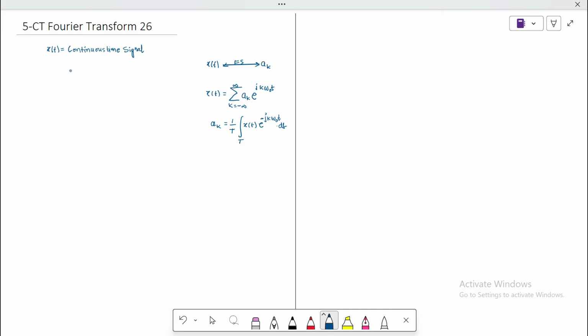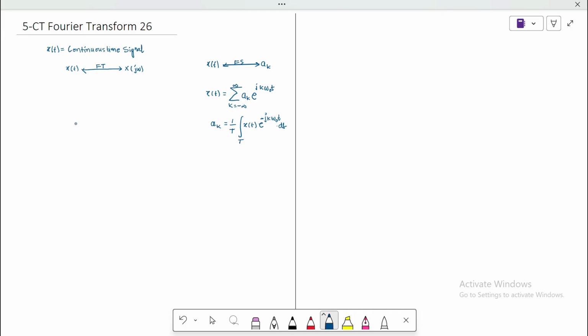In case of the continuous Fourier transform, we know that the signal is also converted from time domain to frequency domain. The signal in time domain is denoted by x of t. So that is the Fourier transform, x of j omega.